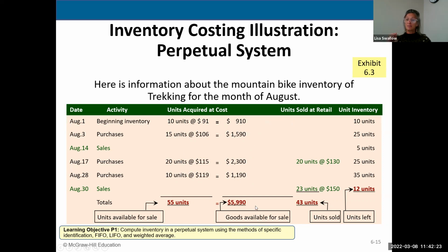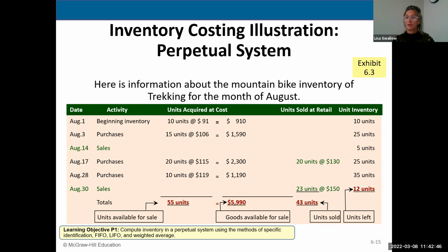Our task based on the 3 methods is to assign cost to the 43 units I sold and the 12 units I have left sitting on my balance sheet in inventory. So this is going to become my COGS number on my P&L. This is my balance sheet number.